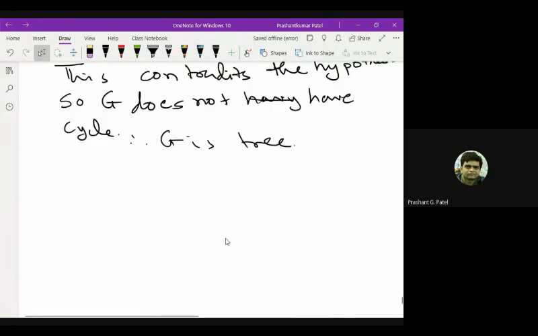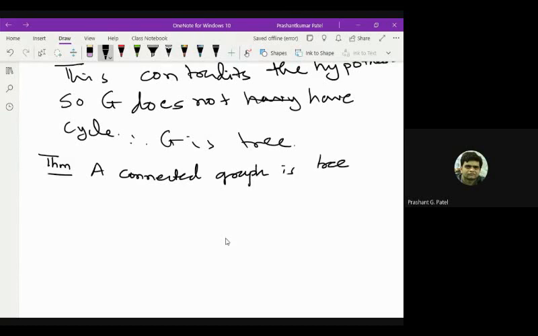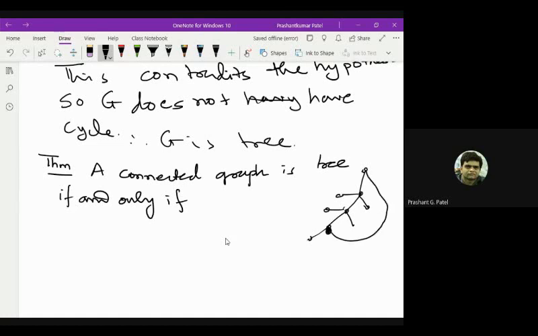One more result we can see here regarding this tree: a connected graph is a tree if and only if, if the graph is a tree and it is a connected graph, then an addition of an edge, if you put any edge between any two vertices of the graph G, will create a cycle. So suppose this is a tree, and if I join this one and this one via one edge, then what will happen?